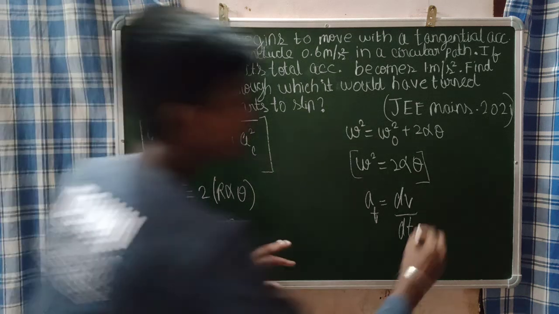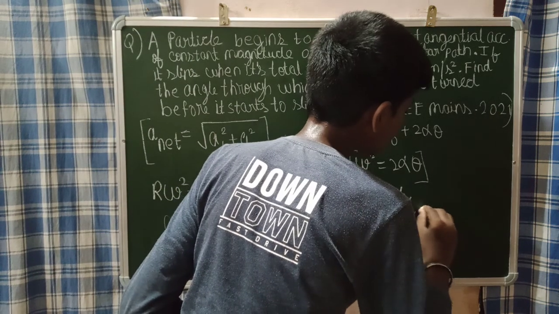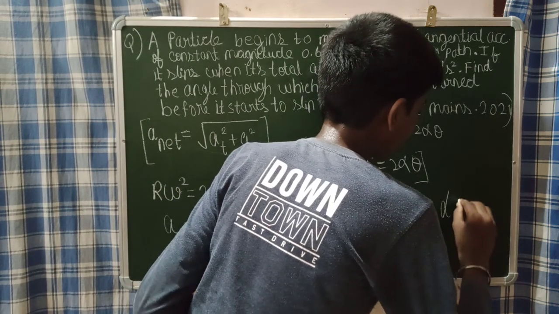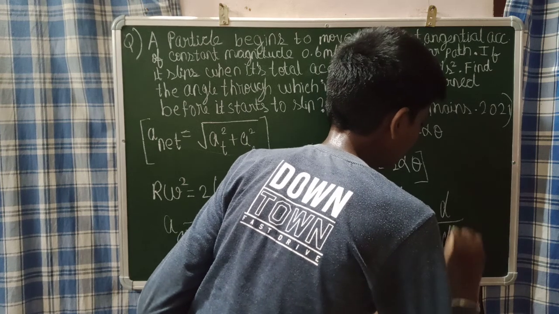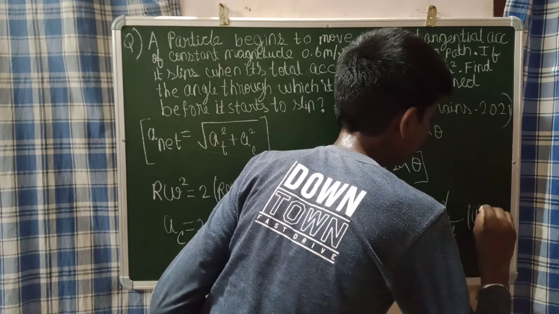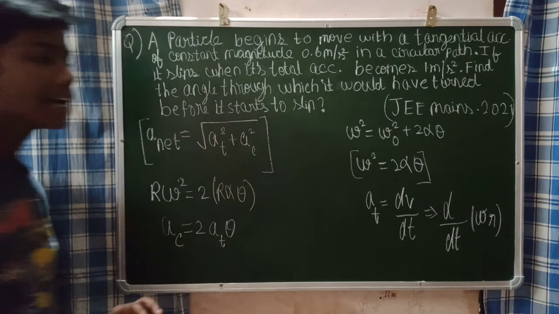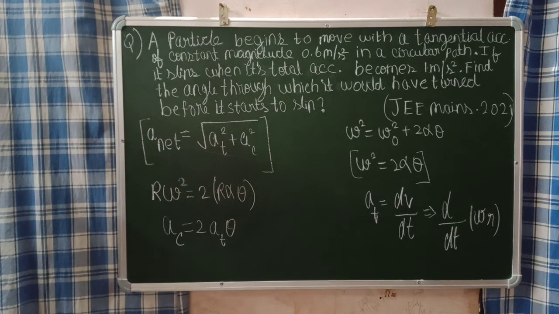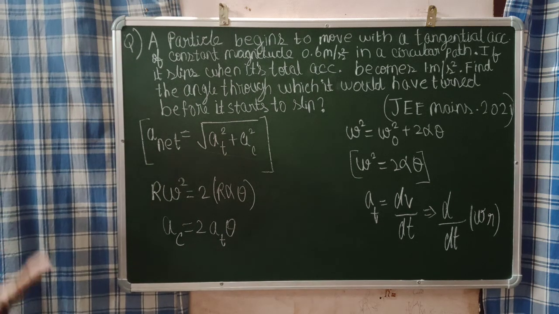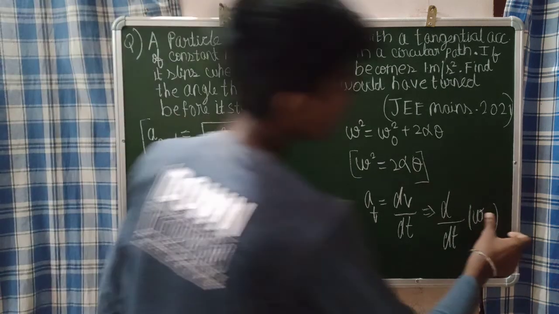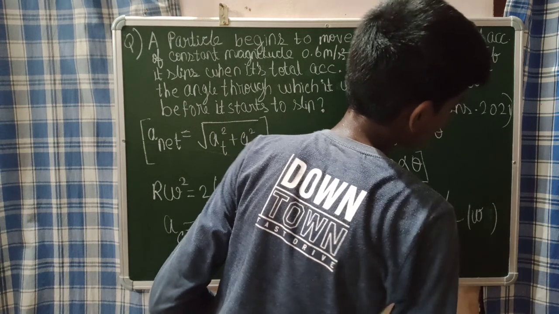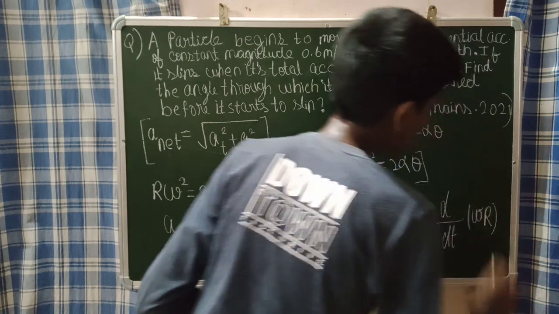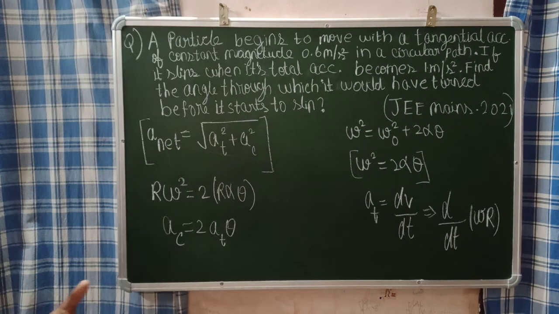So now I can write this v as omega into r, because that's a relationship that you guys know. Let me represent this radius r as constant, so that you can understand this.